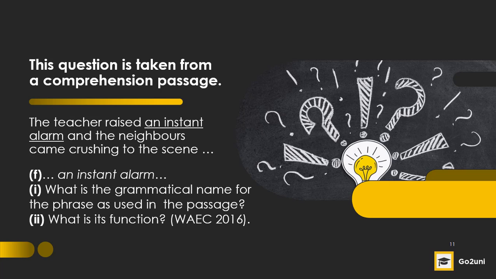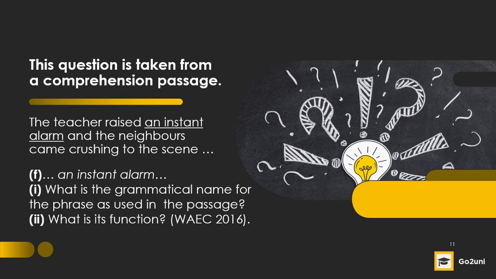But this time around, what is that particular one doing? The first one is functioning as the subject, and the second one is functioning as what? So going by the teaching we have here, it should be clear to you that the second one, the underlined noun phrase, an instant alarm, is functioning as the object of the verb raised.